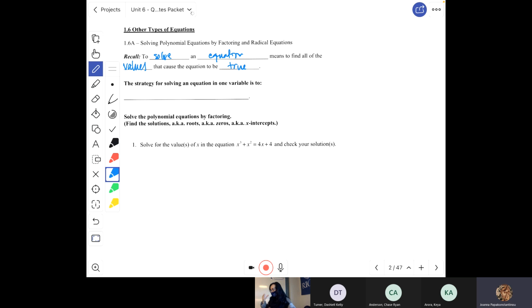And once we get the value of the variable, if I substitute it back into the original equation or any equivalent form of that equation, and I get a true statement, then I've solved for the value of the variable.